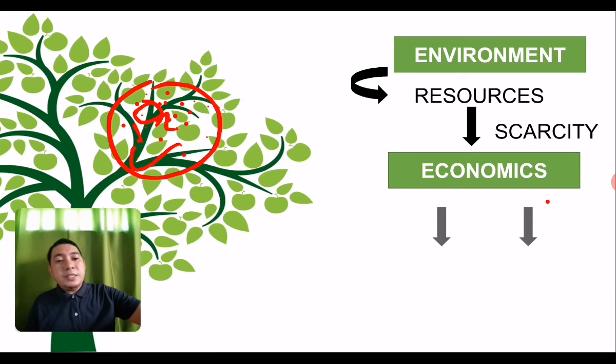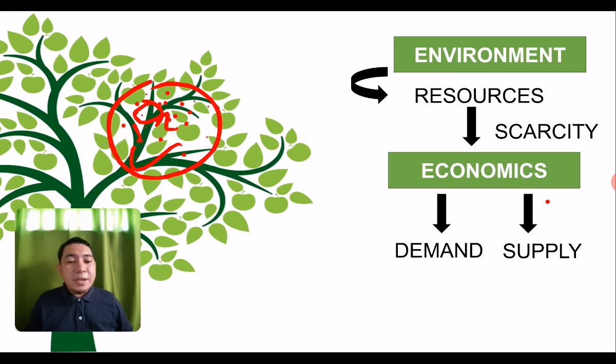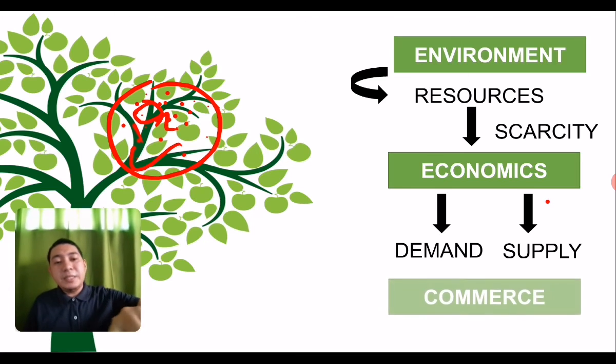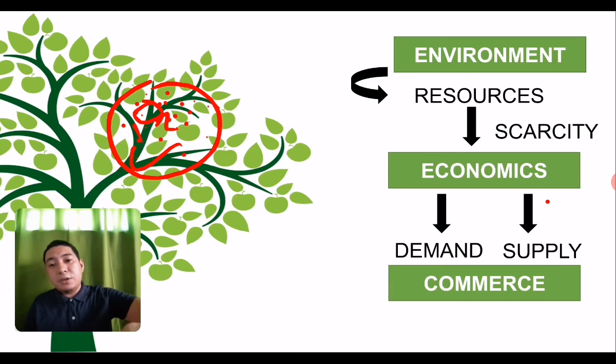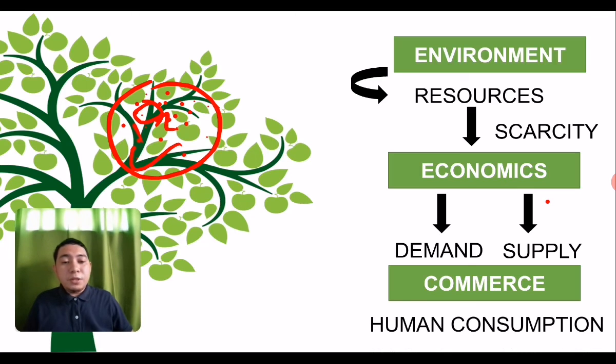Okay? So, since it's economics, we are managing the demand and supply. And sabi ko nga, doon nakabase yung most of the pricing decisions na nangyayari sa mga negosyo. Pag mas konti ang supply kaysa sa demand, ninenegosyo nga yan, ginagawang business yan, that is business or trade, because of human consumption. So that is happening.